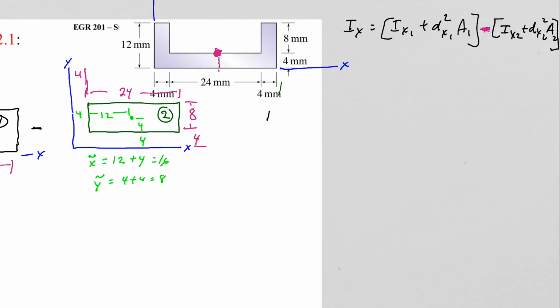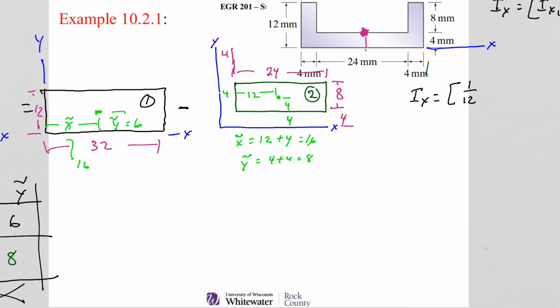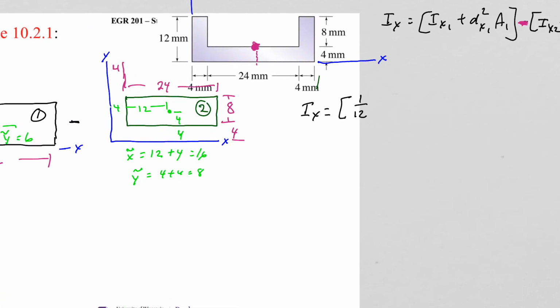Ix, our moment of inertia about the x-axis. For the first shape, it is 1/12 times the base, 32, times the height cubed, 12 cubed.